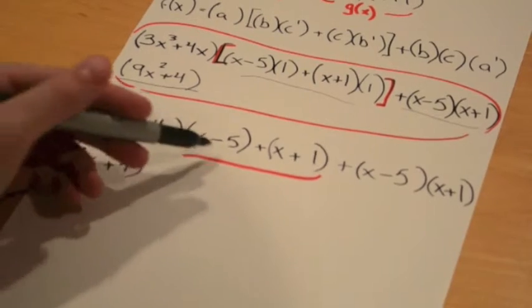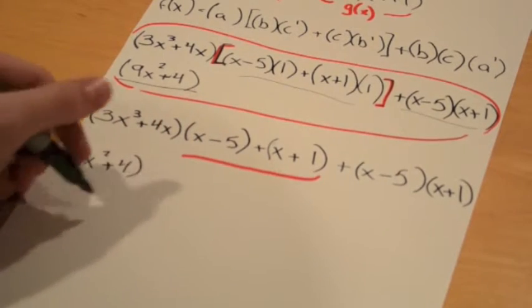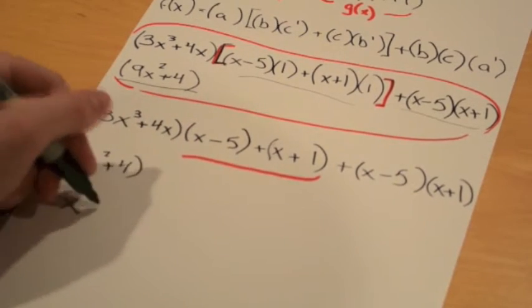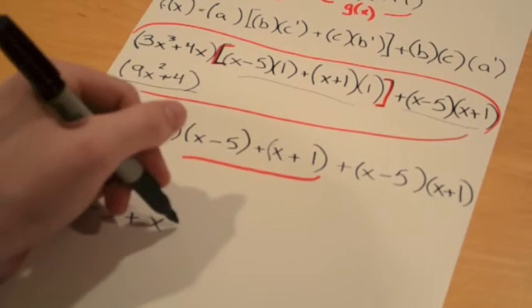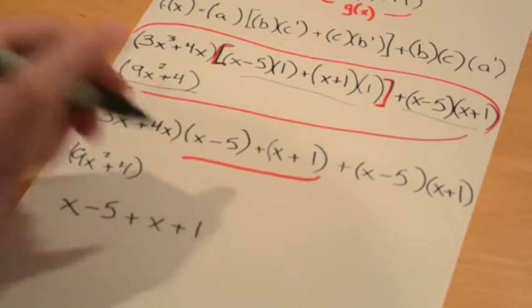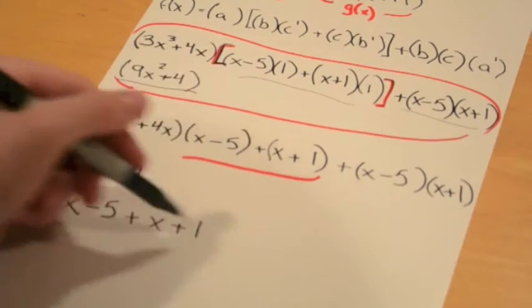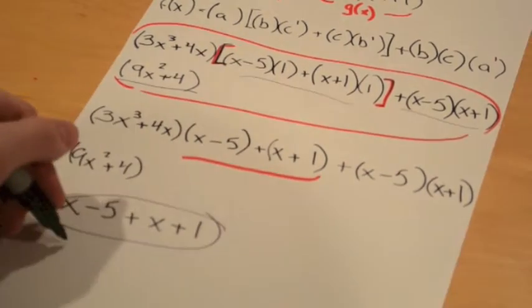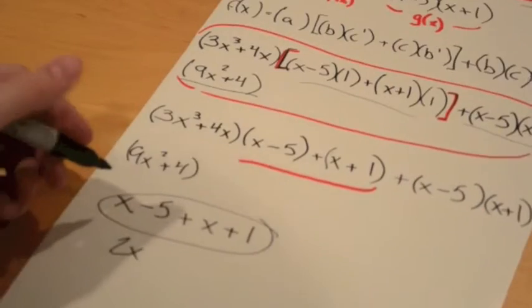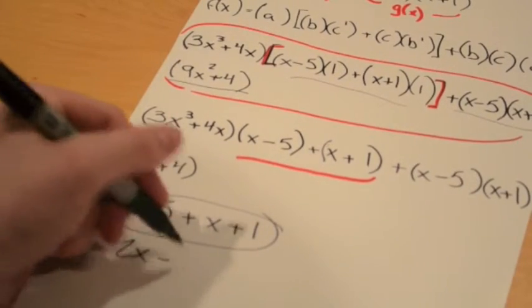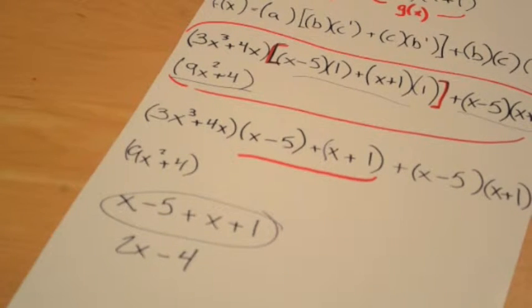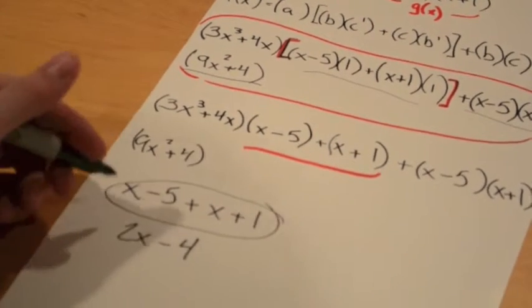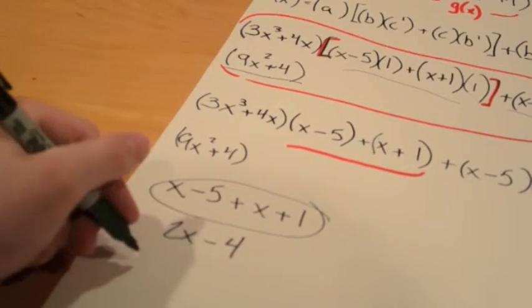But what you notice right here is that x minus 5 plus x plus 1, where I have underlined, that right there would equal 2x minus 4. Okay, now what you want to do is think of it like this.